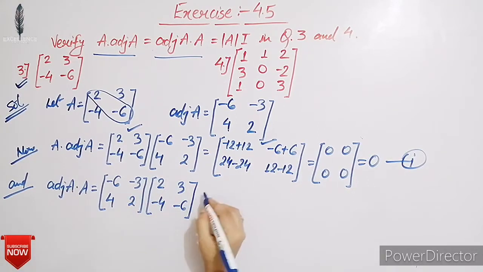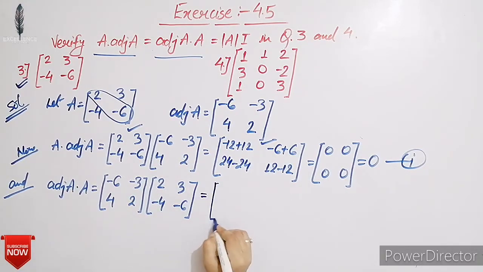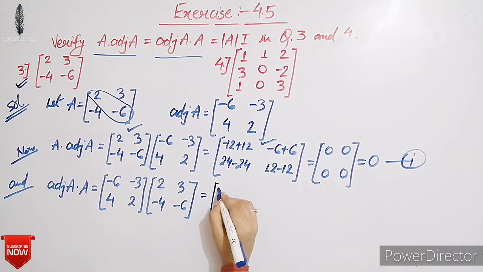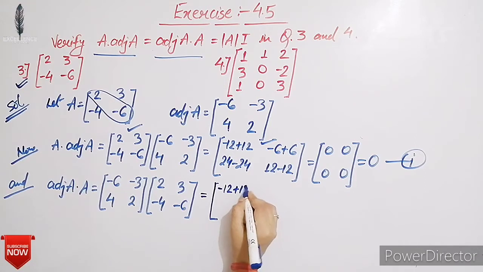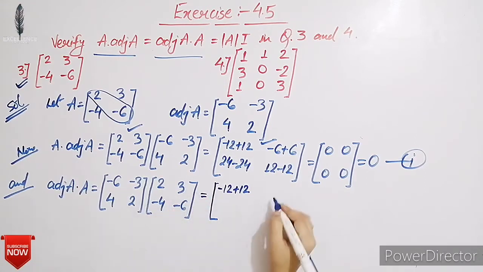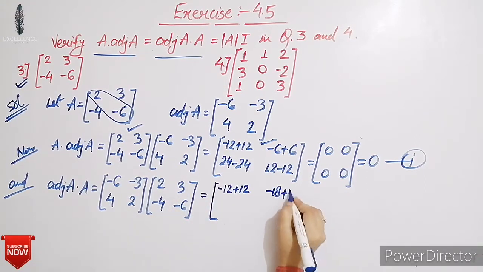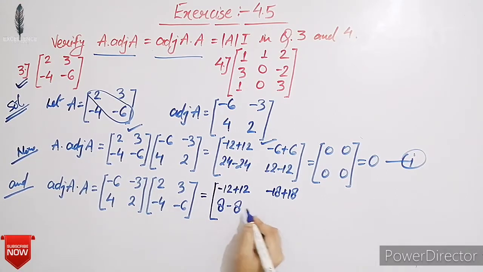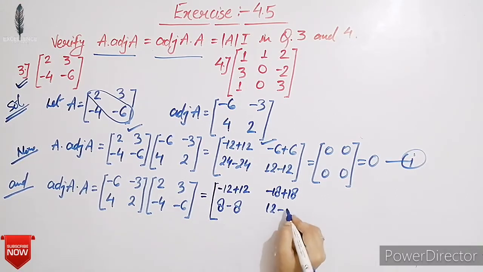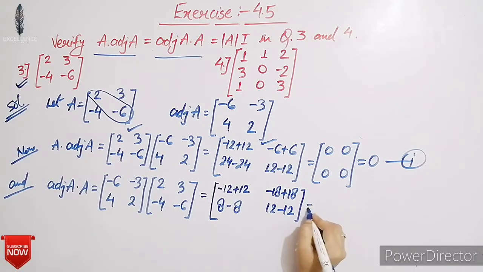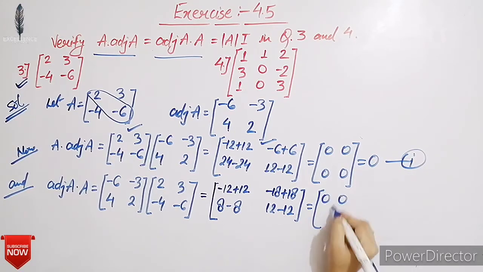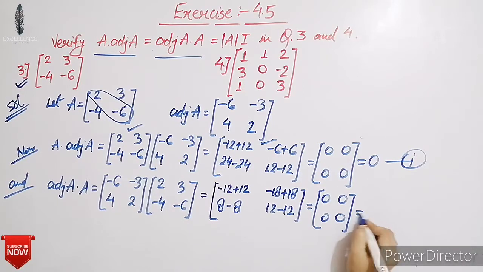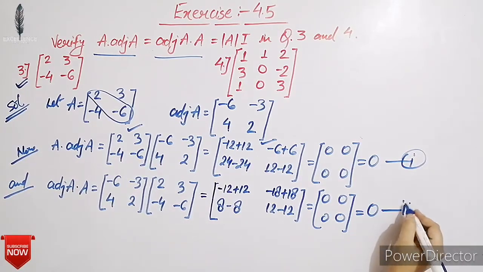On multiplying, then we get here first row by first column, that is minus 12 plus 12. First row by second column, that is minus 18 plus 18. Second row by first column, here 8 minus 8, and second row by second column we have 12 minus 12. It is also equal to 0, 0, 0, 0 equals null matrix. Let it be equation second.